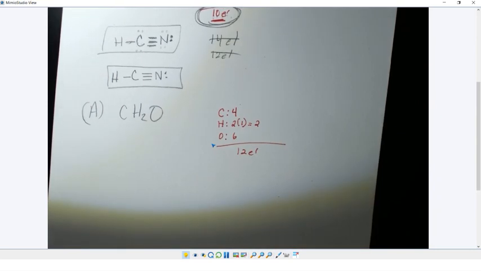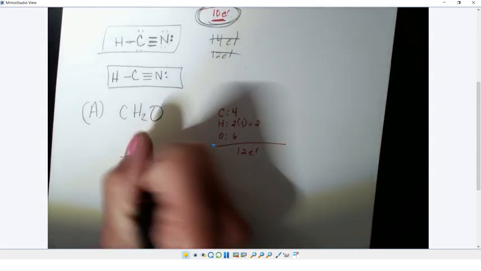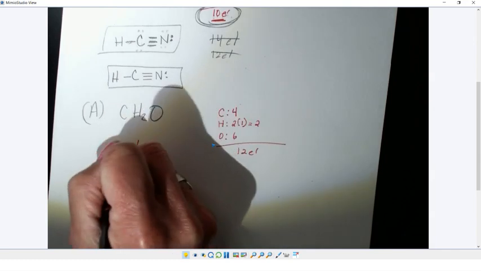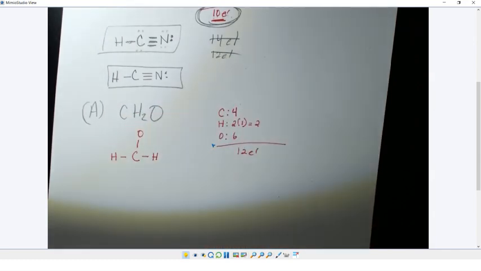Who's my central atom? Carbon. So I'm going to stick him in the center, and I'm going to attach everybody else with single bonds. Okay? And it doesn't matter how you want to attach them, like where they go. I'm going to put hydrogen here, and oxygen here. Now I'm going to add dots to make sure everybody's got an octet or duet. Hydrogen never gets dots because he's happy with the straight line, but I need to make sure oxygen and carbon have the correct number.